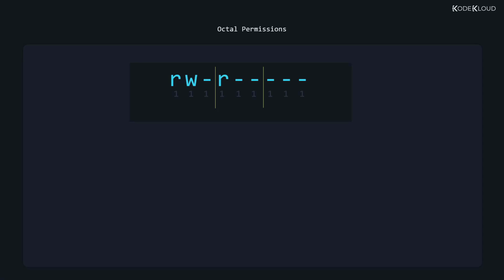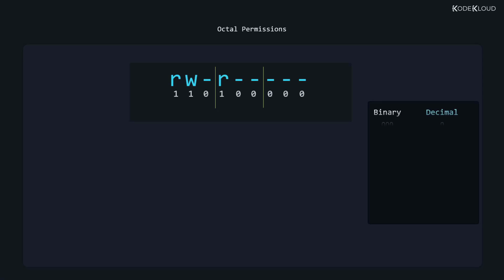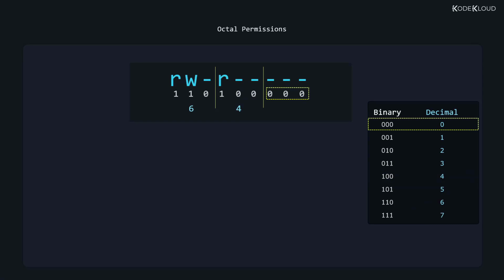In this case, the first part is 110, the second part is 100, and the third part is 000. Converting this binary to decimal would give us 6 for the first part, 4 for the second part, and 0 for the third part. And here's a quick binary table for your reference.